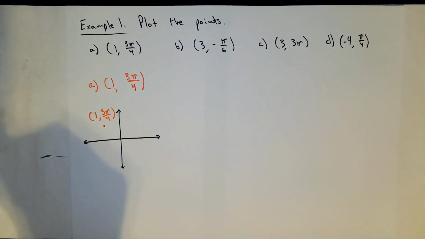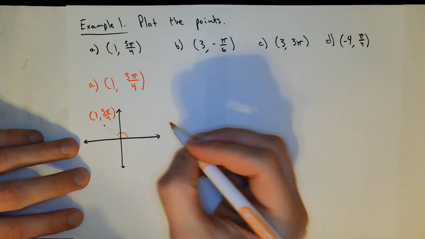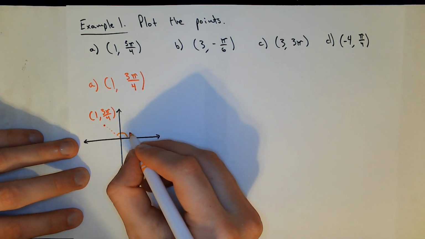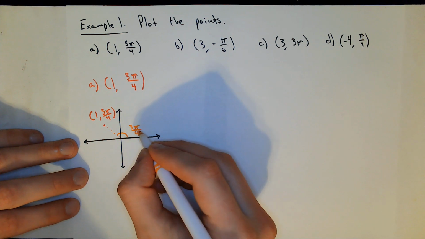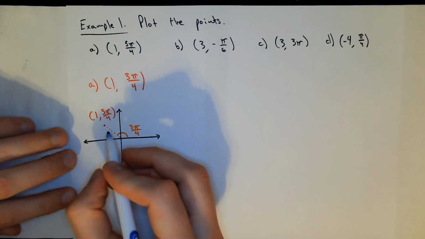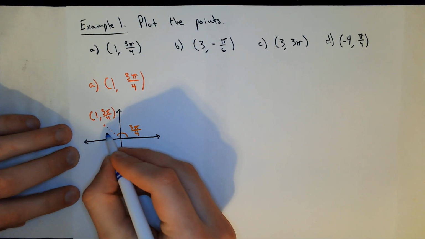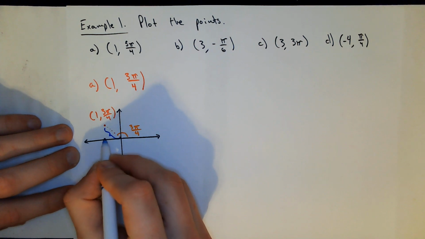And just to give you some more details here about how I found that, the angle is coming from right here. That's the 3 pi on 4. And then the distance, which I'll do in blue here, the distance from the origin to the point is 1.